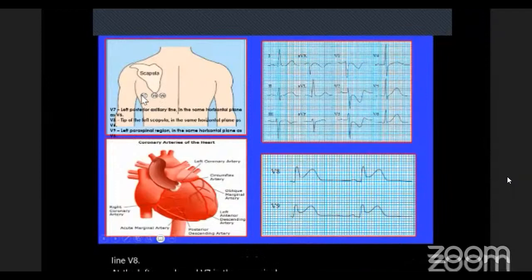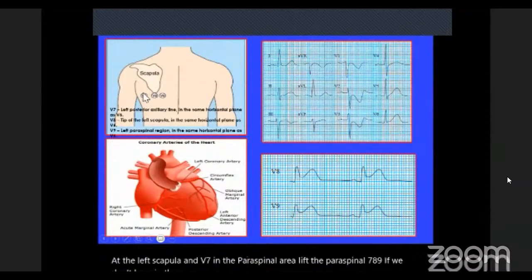If we don't have 7, 8, 9 leads in the machine, we just take 4, 5, and 6, place them posteriorly, and when we do the recording, we cross them out and label them as posterior leads 7, 8, and 9. If there is 1 millimeter or more ST segment elevation in these leads, it indicates posterior infarction, like this case. In V8, V9, we have 1 millimeter ST segment elevation.